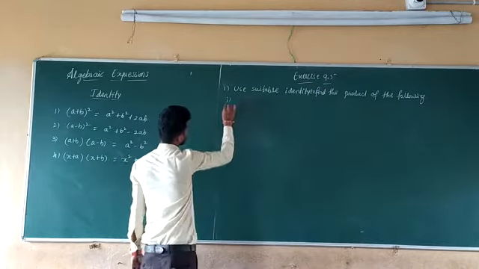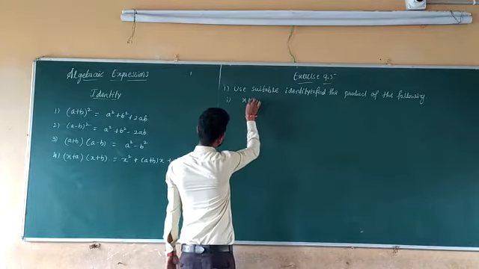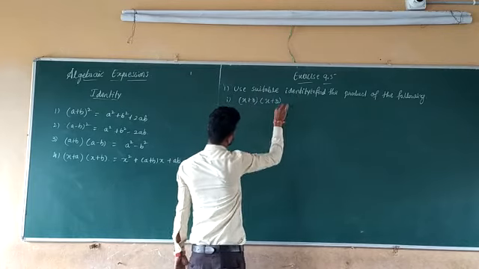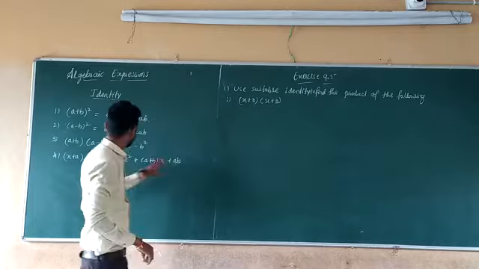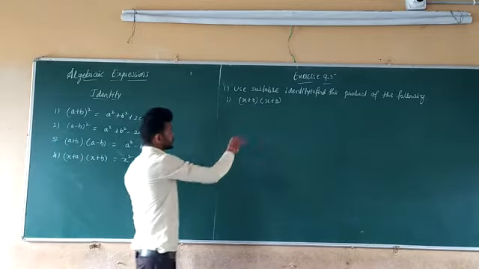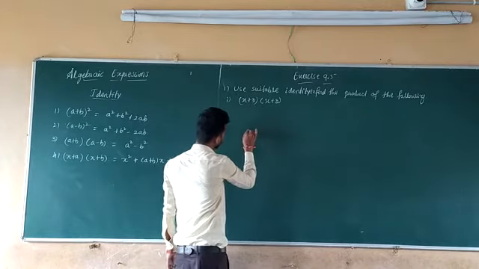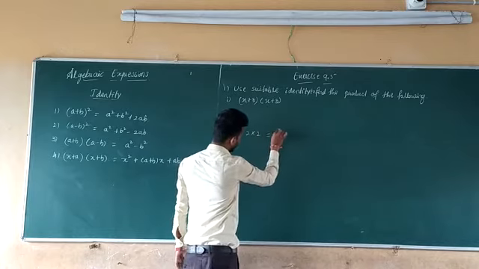First one, (x plus 3) into (x plus 3). So which identity is this one? This is not (x plus a) into (x plus b). Here both expressions are same only, (x plus 3) into (x plus 3).